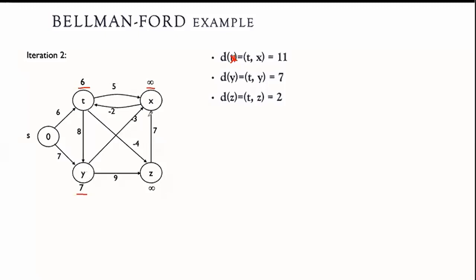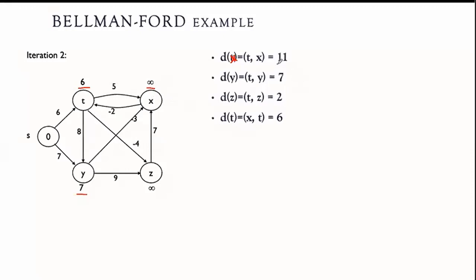Next, y to x, 7 minus 3, it will be equal to 4. So distance of x is equal to 4. X to t, okay, in the order x to t, we have updated the x value.